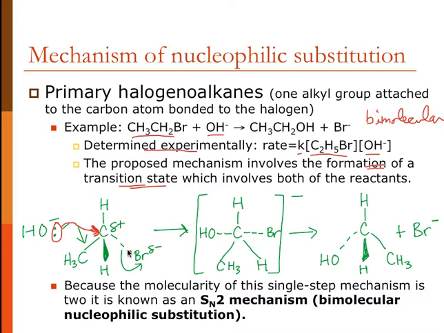The bonded electrons between this carbon and the bromine are going to move to the bromine itself. So this electronegative bromine is going to take both of the electrons in this bond. The nucleophile with its unshared pair of electrons is going to donate those two electrons. If you remember, that's called a coordinate covalent or a dative bond. He's going to donate both of them.